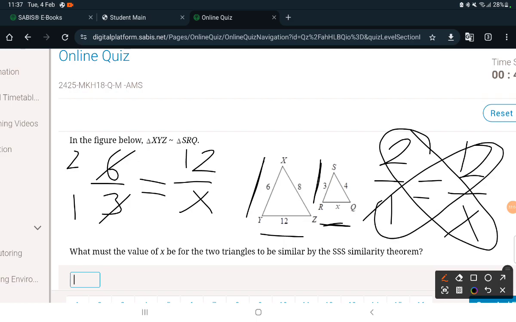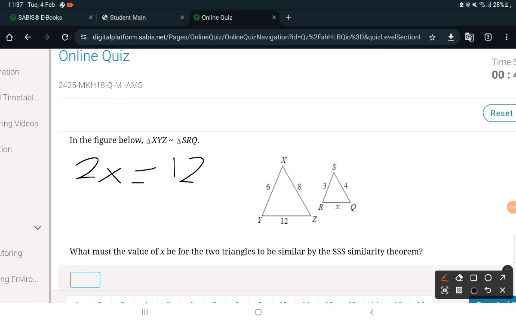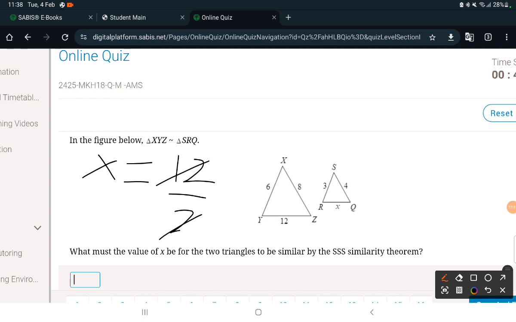We get 2x is equal to 12. Take the multiplication by 2 to the other side, it will become divided by 2. So we get x is equal to 12 divided by 2. Let me just write the new equation. x is equal to 12 over 2. Divide the numerator and denominator by 2, we will have 6 over 1. x is equal to 6.